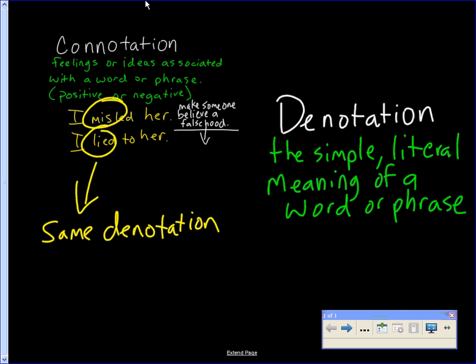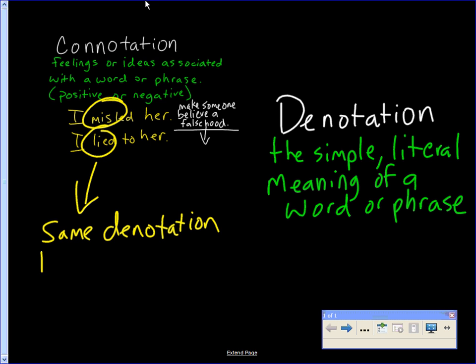So why would you choose one over another? Myra? Because they're two different words. They are different words, but what else do they have differently? We've said they're the same denotation, but what's different? Why would you choose one in one situation and one in another? One is more negative. There you go.